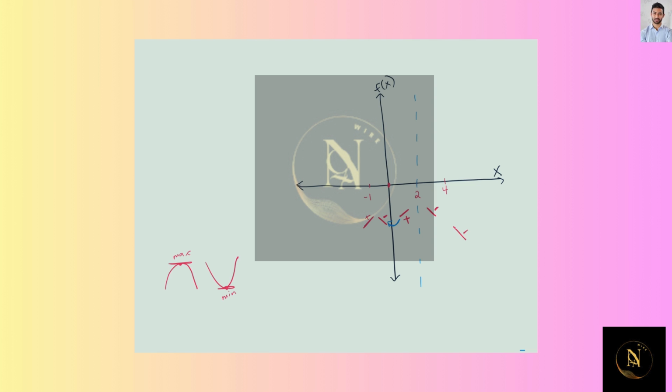And f double prime less than 0 indicates that it's going to be concave down for values greater than 4. So that also agrees with what we already had. Just keeping in mind that we're going to have a horizontal tangent at 0 and 4.